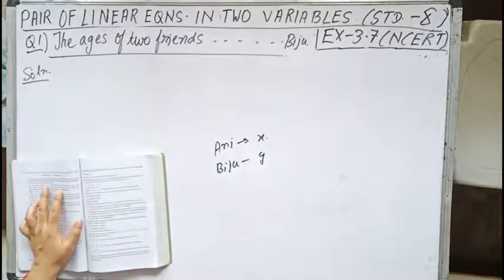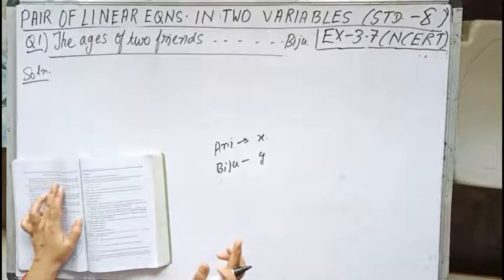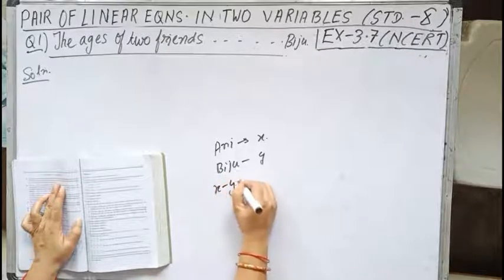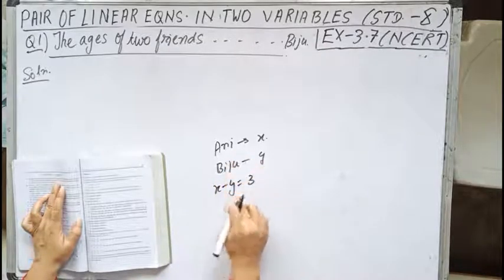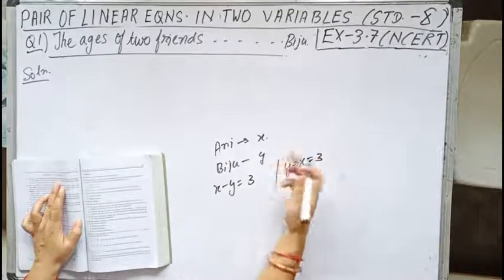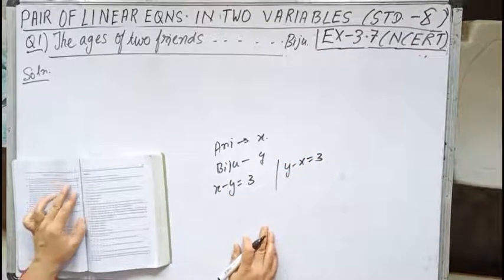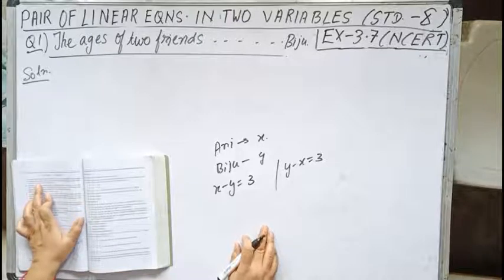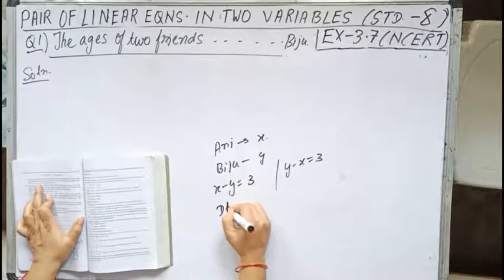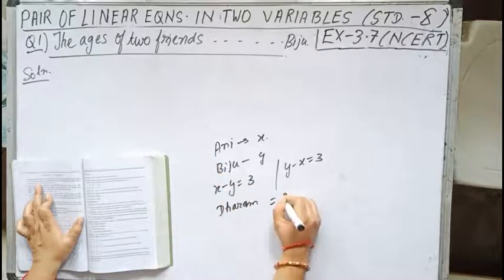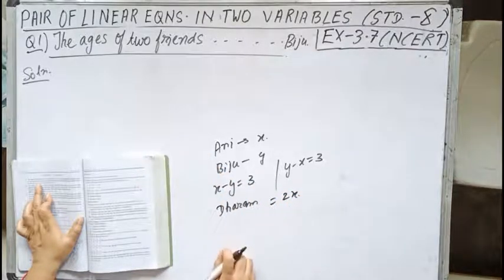Now it is said that the ages of the two friends Annie and Biju differ by 3 years. Since they are friends, two possibilities are there, either x minus y, Annie minus Biju is 3, or y minus x equals 3, that is Biju minus Annie is 3. Next, Annie's father Dharam is twice as old as Annie.